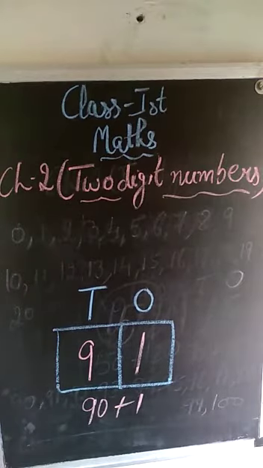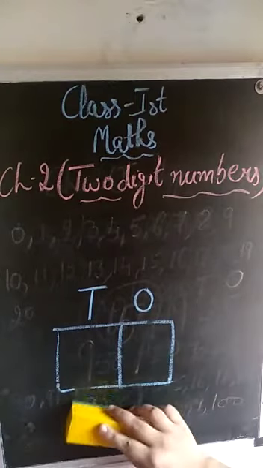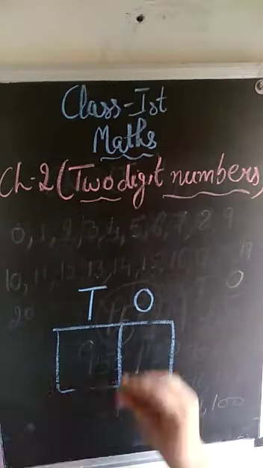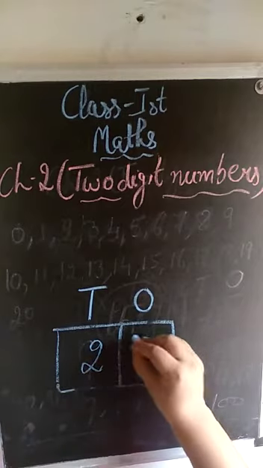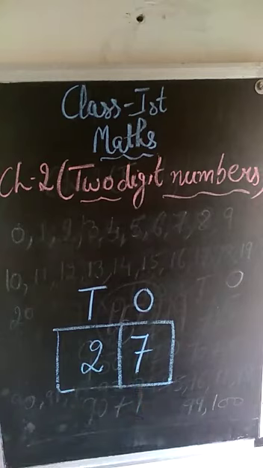But when I change the number, suppose I change it to 27, the value will become 20 plus 7. In this way we will find the place value.